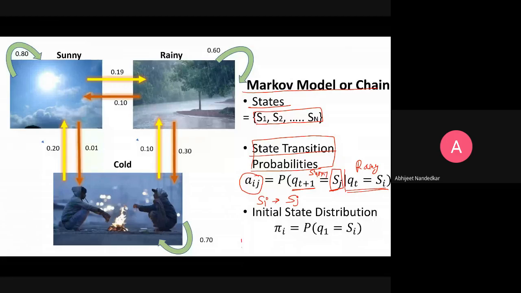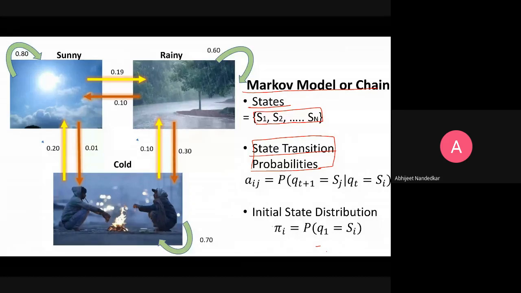So it is the probability of sunny given that today it is rainy. This is the entry Aij. When I say Aij, I am transiting from state Si to state Sj.